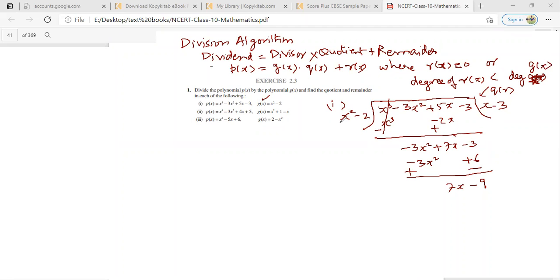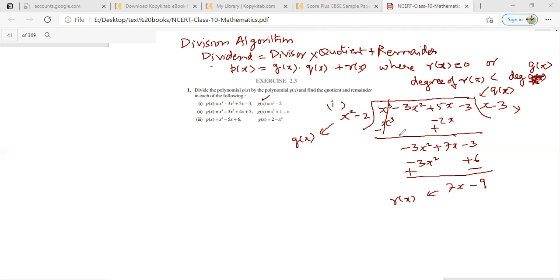So here you can see the degree. This is dividing Gx, this is Gx, this is Qx, and this is the remainder Rx. Its degree is 1, degree of remainder is 1, here 2. So we got the degree of Rx less than the degree of Gx.